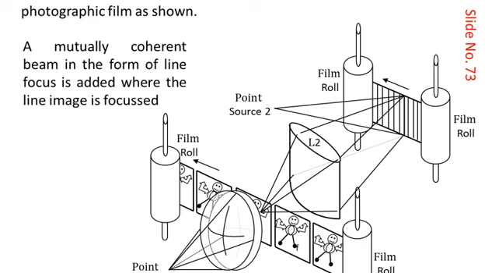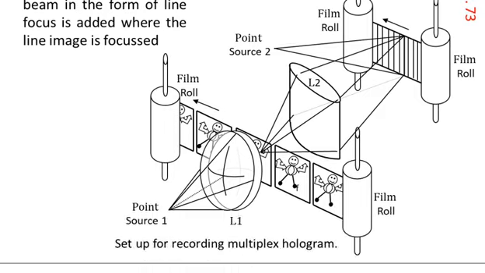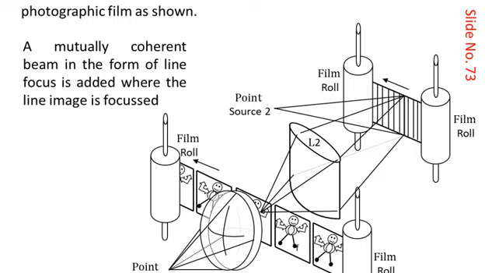So there is an interference between the reference line beam and the line object beam. These two beams interfere, and for the next negative transparency, the film roll in the above setup is also moved one step further, so that there will be a recording of the corresponding negative transparency in the next position.